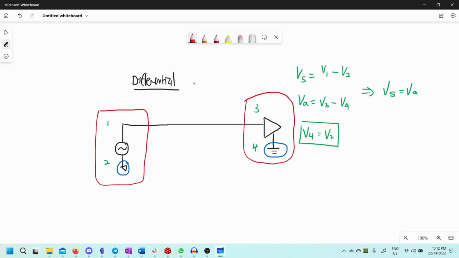And there are lots of cases where this might be. Take, for example, a long telephone cable. Telephones are actually differential signals just because of this reason. The ground of your phone in your house is almost certainly not the same as the ground of the receiver or whatever central processing the telephone relies on.